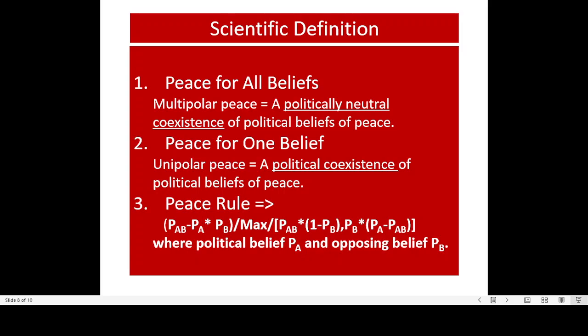Third, we have a mathematical formula called the peace rule. It quantifies peace by calculating the relationship of political beliefs of peace to determine the characteristic of that relationship, whether it's peace for all beliefs, multipolar peace, or peace for one belief, unipolar peace or unipolar politics.